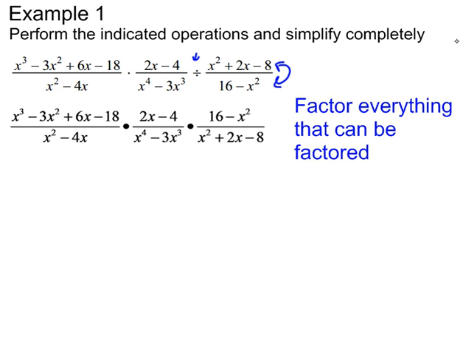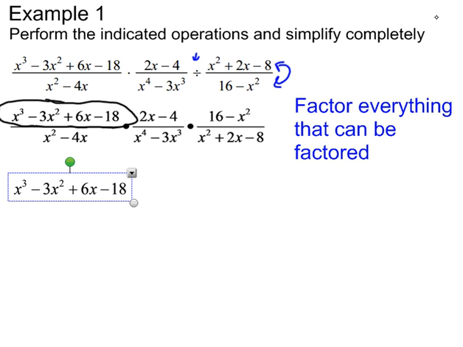All right, so pretty much everything here can be factored. So let's begin with this numerator here. Let's begin by factoring this. So I'm just gonna write that down here because I'm gonna need some room to factor that. So how do we factor this?